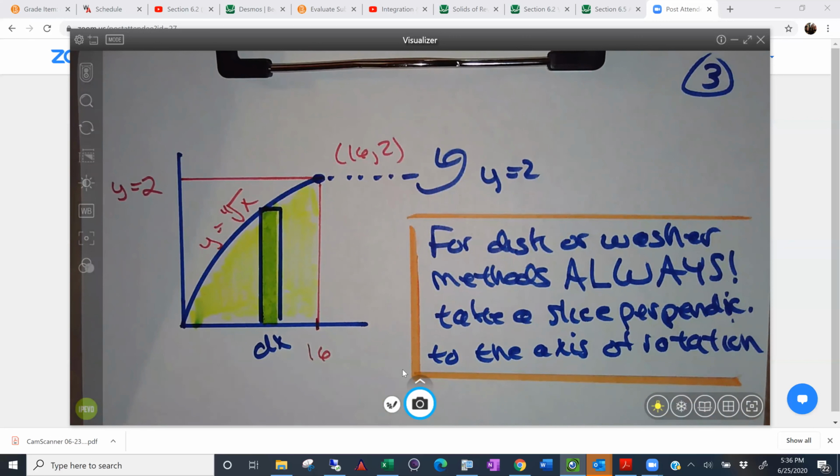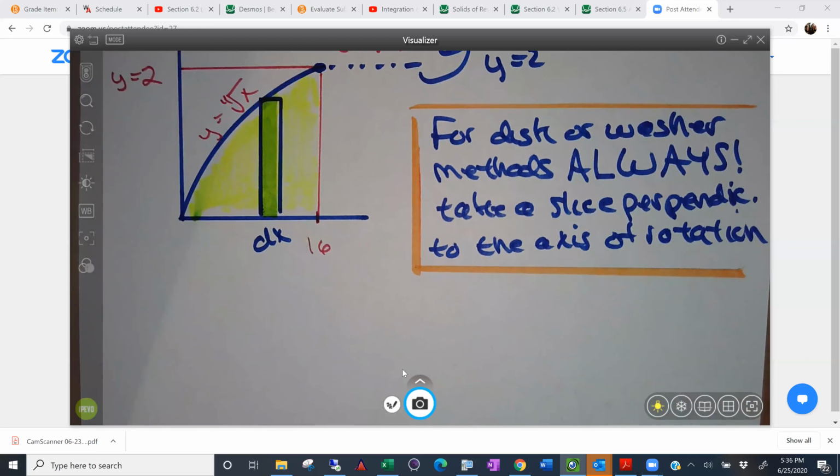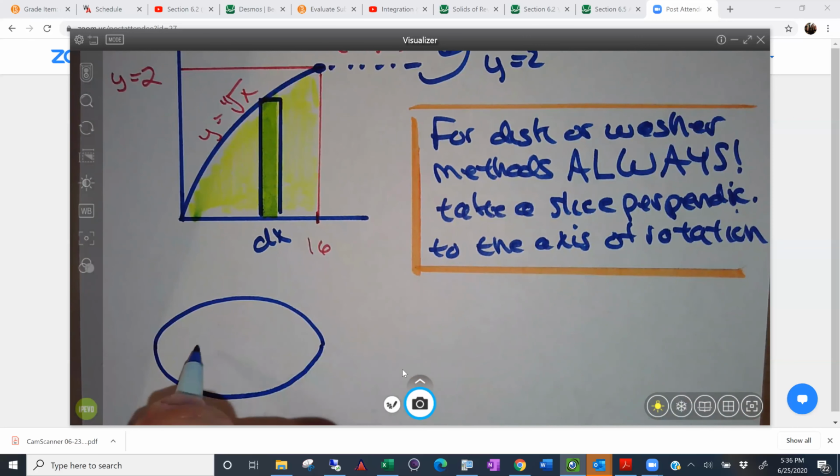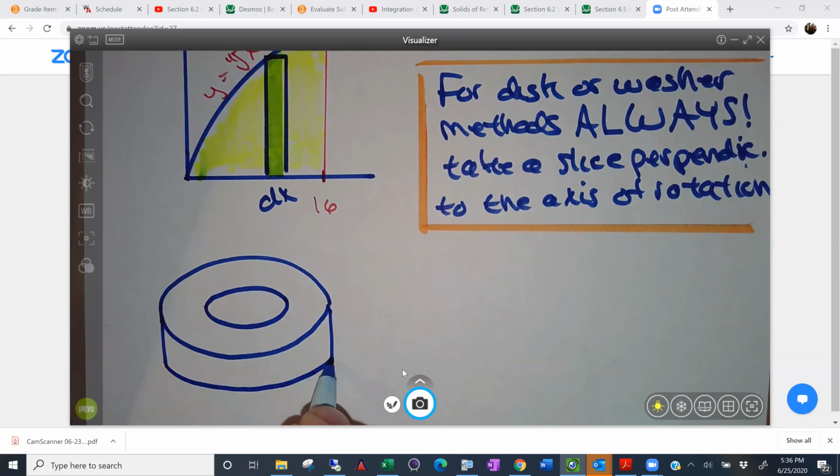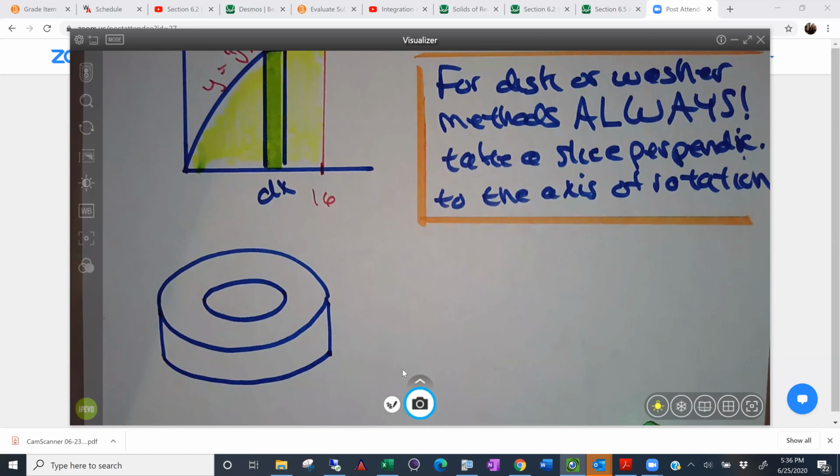And let me do my best to draw it here. No guarantees. Okay, so something like that. And let me give this some heights. There we go. So kind of think of it as a thick-walled can.